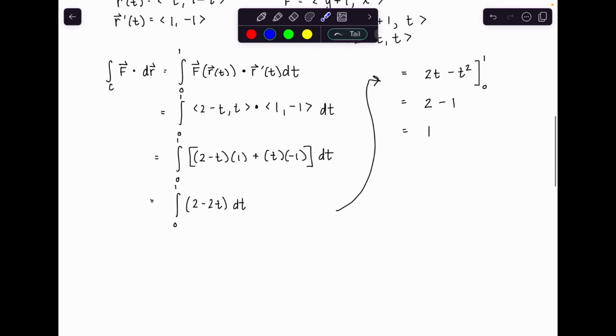Now for the next one, what I'm going to do is I'm just going to flip this. I'm going to trace it in the opposite direction and see what happens. So example B is C is the line segment from 1, 0 to 0, 1.